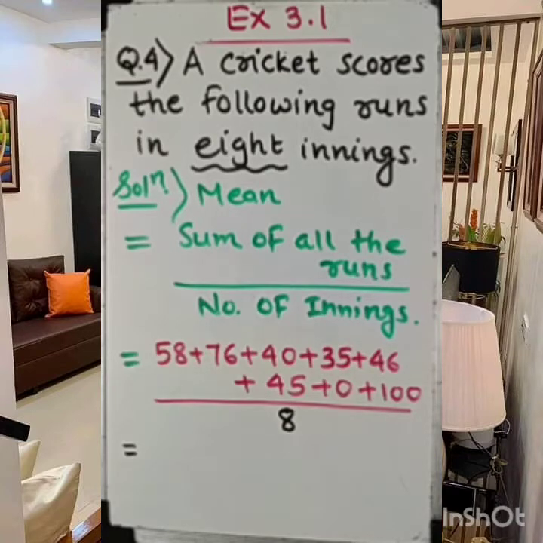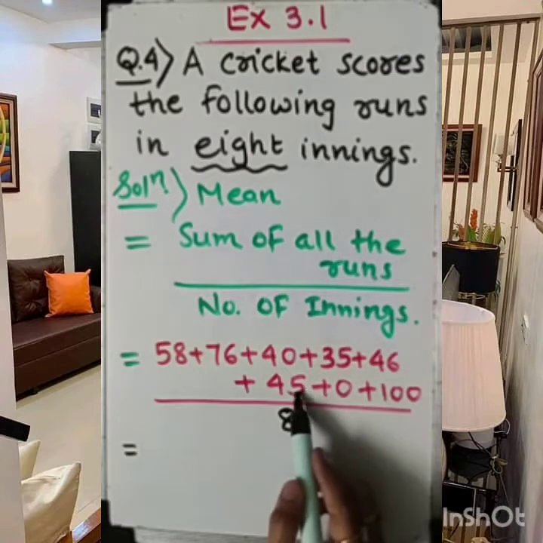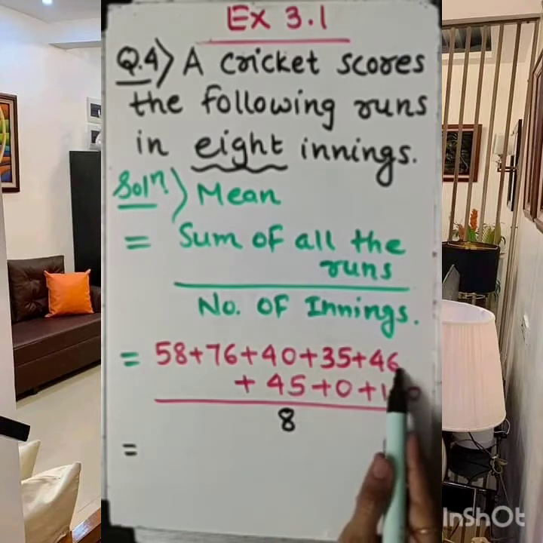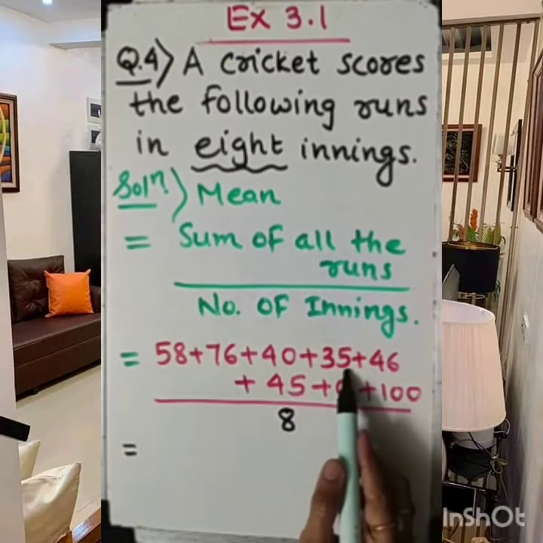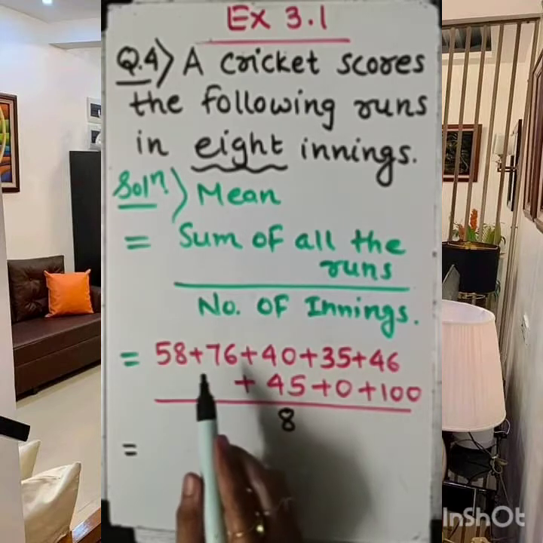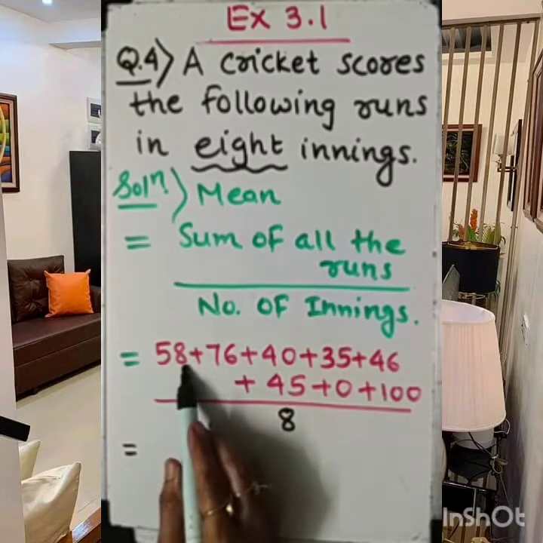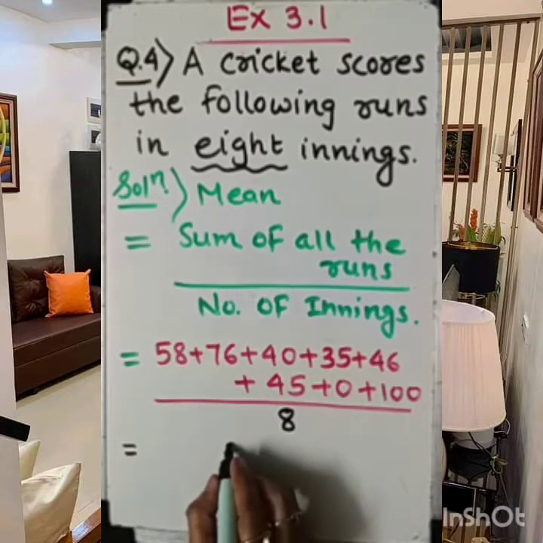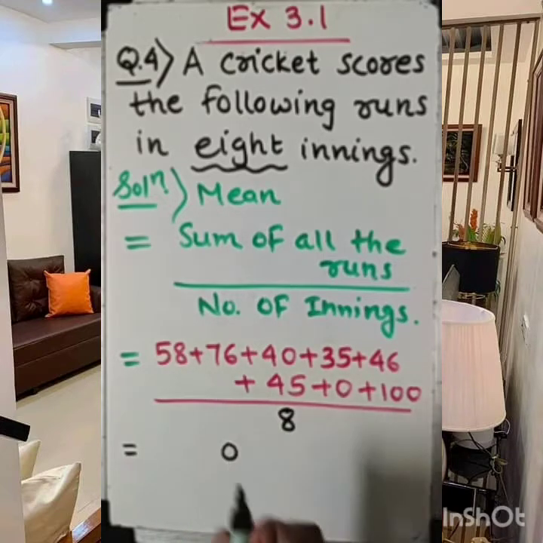Now let's add. You can see on the ones place 0, 0, here 5. 5 plus 6, 11, 11 plus 5, 16, 16 plus 6, 22, 22 plus 8, 30. So in the unit place it will be 0, 3 carry over.